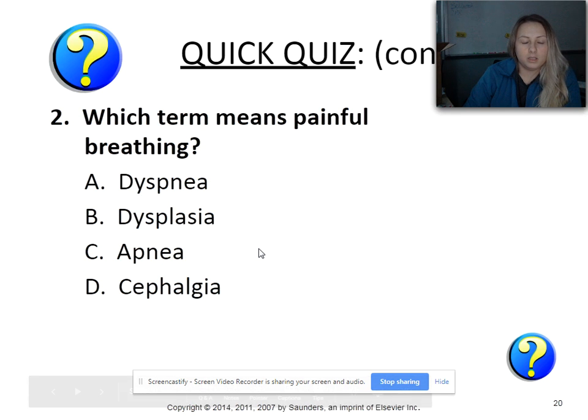Plasia is shape. Okay, dysplasia means that it's got an abnormal shape. If we put an A in front of a word, it negates it, so that's no breathing. Okay, so we can automatically rule this one out, and this one out. So we're left with dyspnea. Dys means painful or difficult.